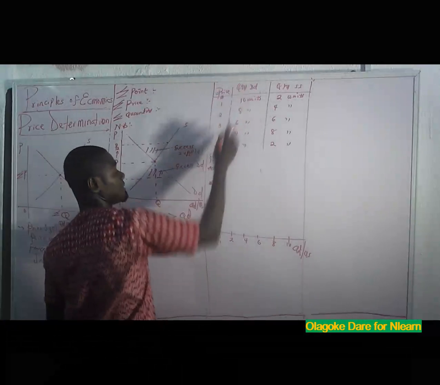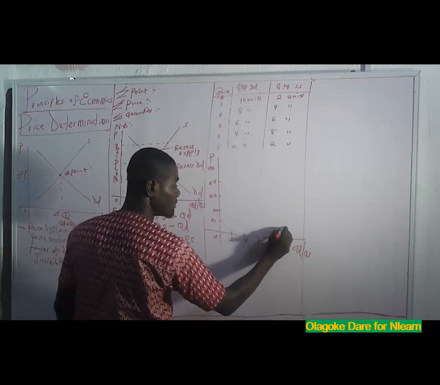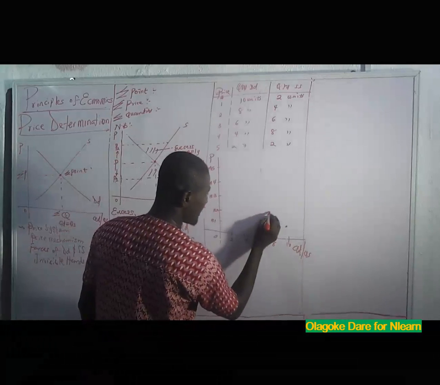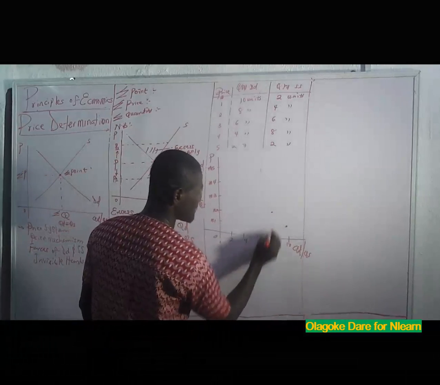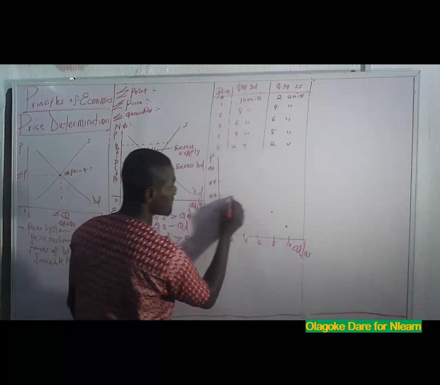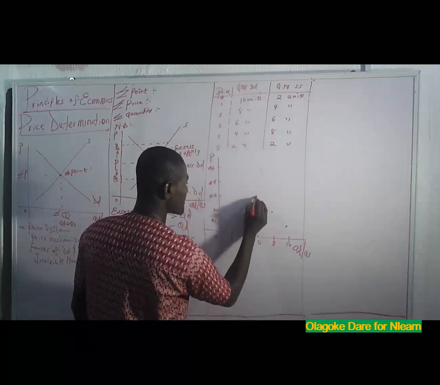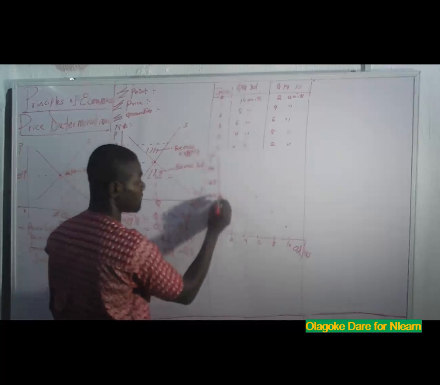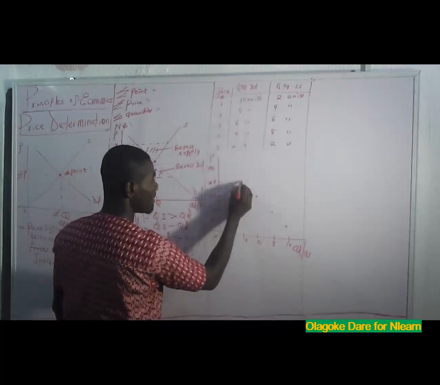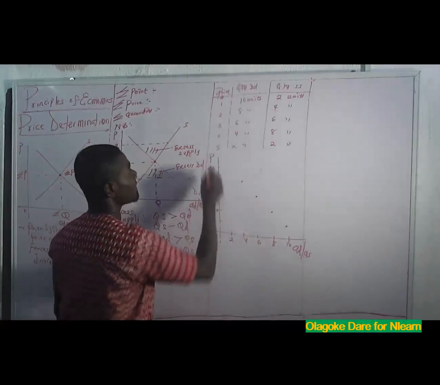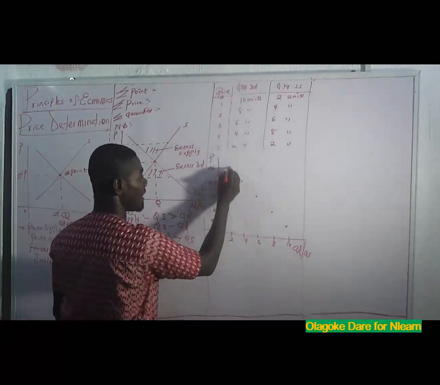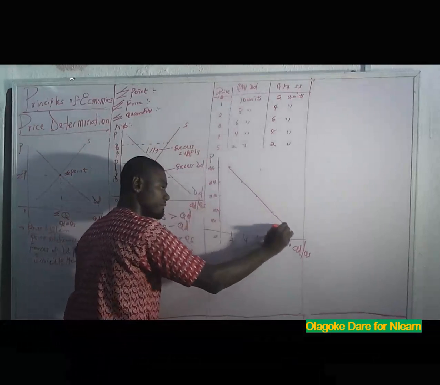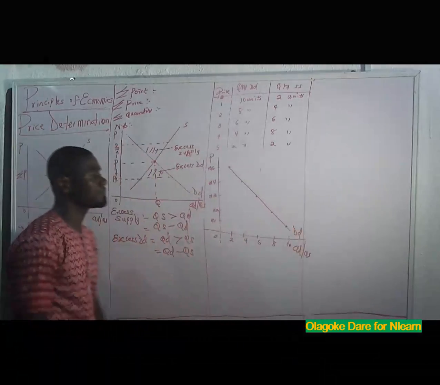At 1 naira, I'm demanding 10 units. At 2 naira, 8 units. At 3 naira, 6 units. At 4 naira, 4 units. Then 5 naira, 2 units. My demand curve slopes downward from left to right. This is my demand curve.